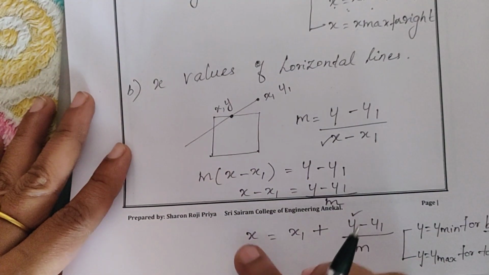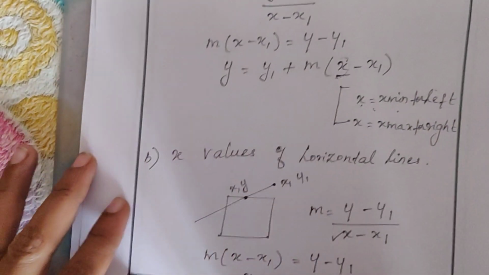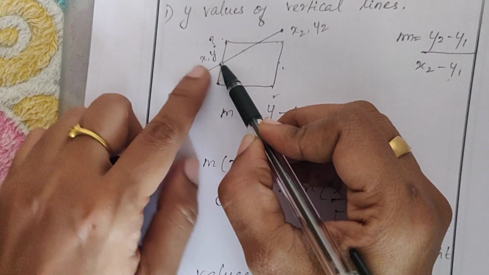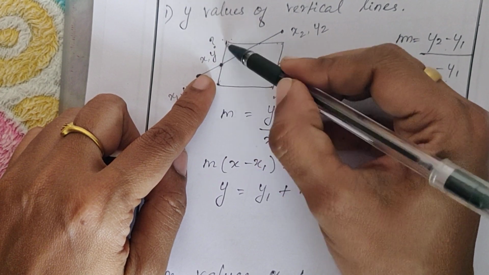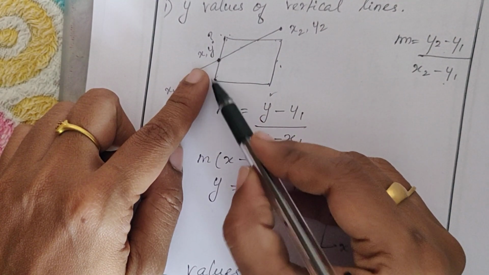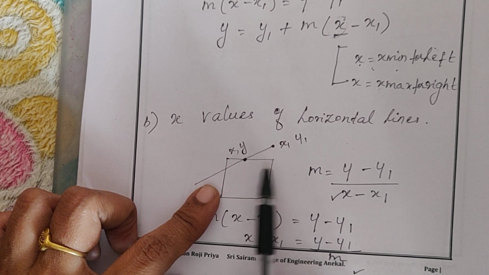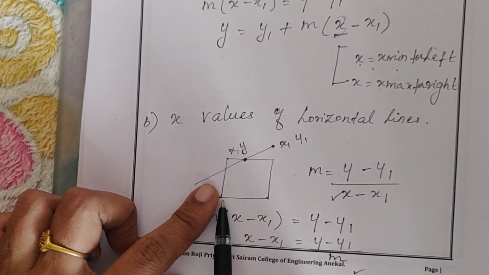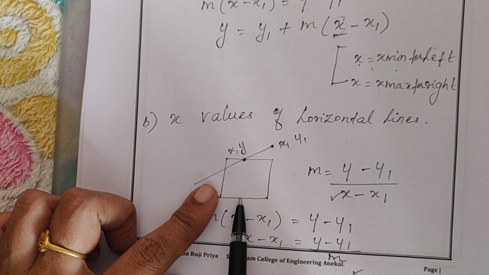So these are the two formulas to calculate x and y for my intersecting point, right? I'll tell it once again: in this case my y value changes, so I have to calculate y alone; x remains the same throughout. Coming to this case, y remains the same throughout this line, so which value keeps on changing? x keeps on changing.